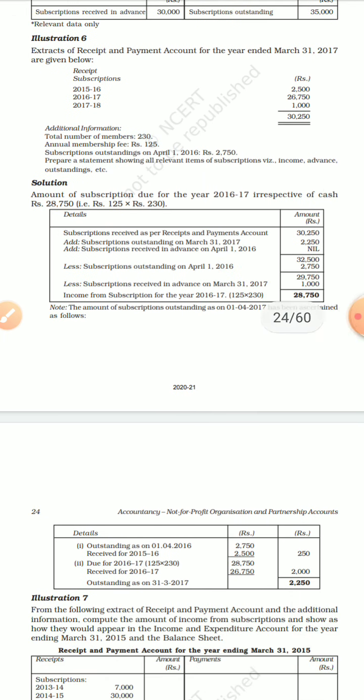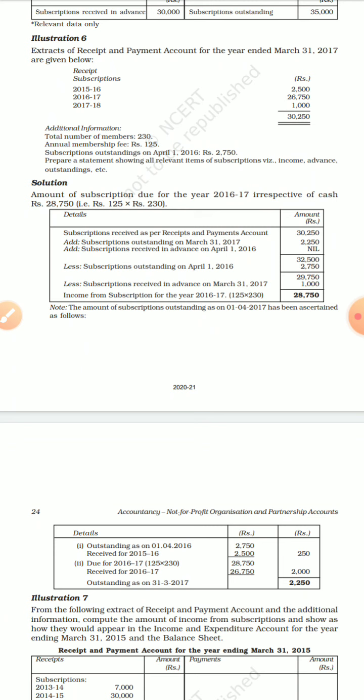So children, if you are having a full-fledged sum in which you have to prepare the income and expenditure account and balance sheet, you need not show the adjustment directly. See, in a class of 33 students, each student has to pay 2700 as fees. So how will you arrive at the total fees to be paid? 2700 into 33.